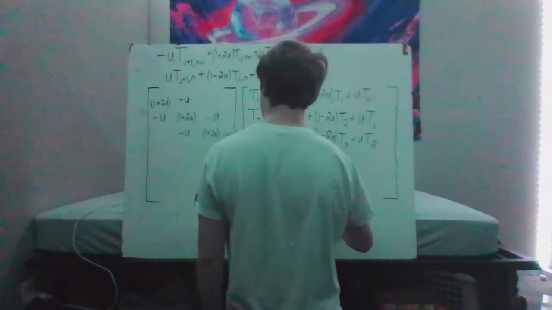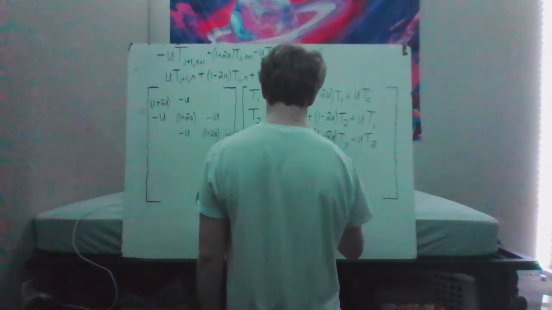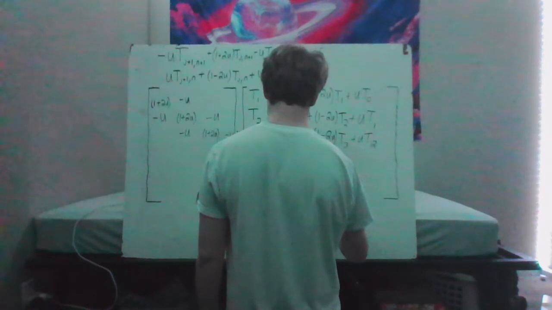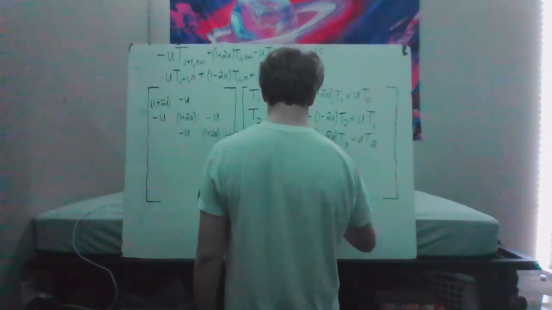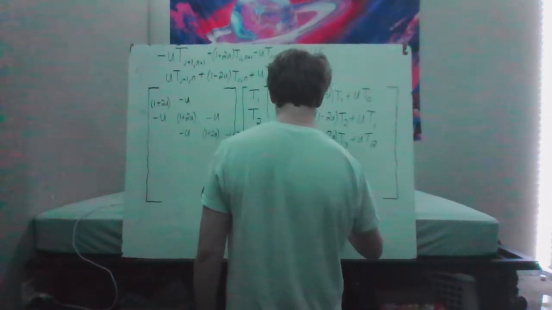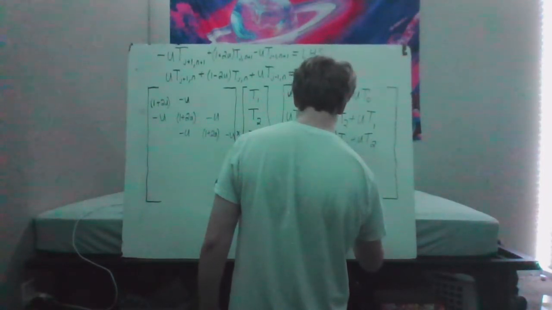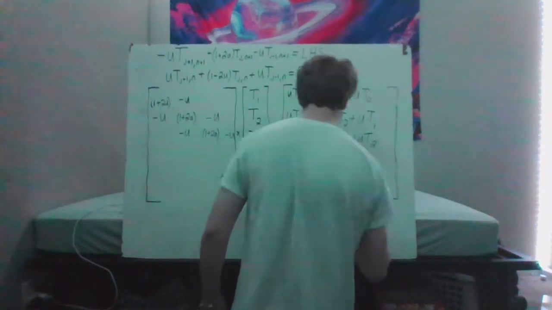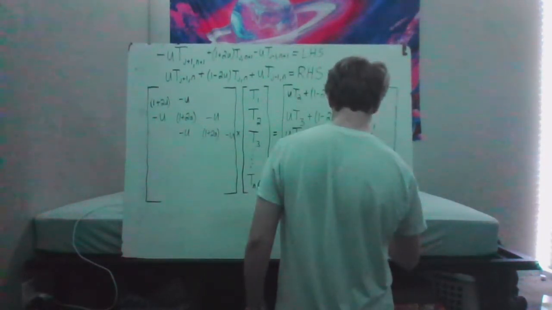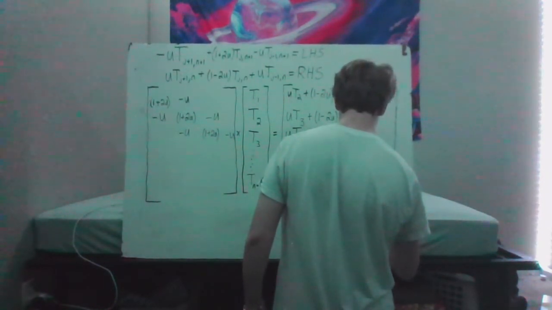And then down here, it would end up being u Tn. I'm going to give myself some more space here. u Tn plus 1 minus 2u Tn minus 1 plus u T sub n minus 2.